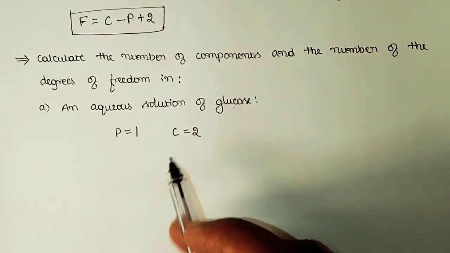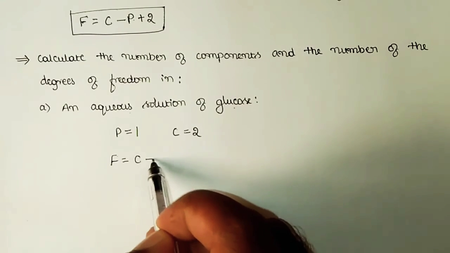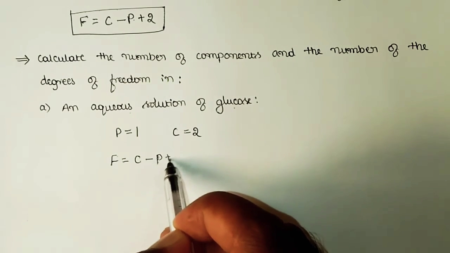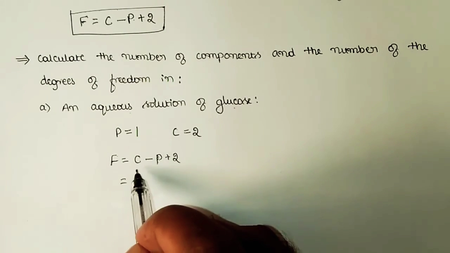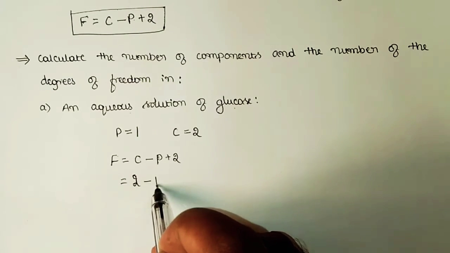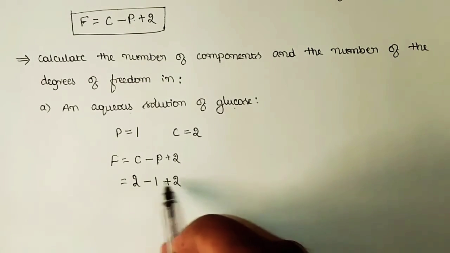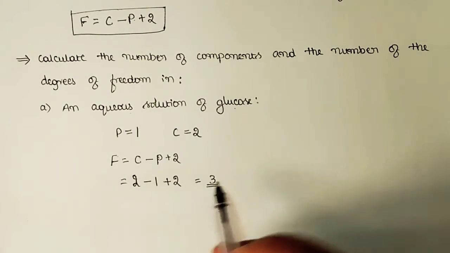And we can calculate the number of degrees of freedom, that is F equals C minus P plus 2. So the number of components is 2, the number of phases is 1, so 2 plus 2 is 4, minus 1. So the number of degrees of freedom is 3.